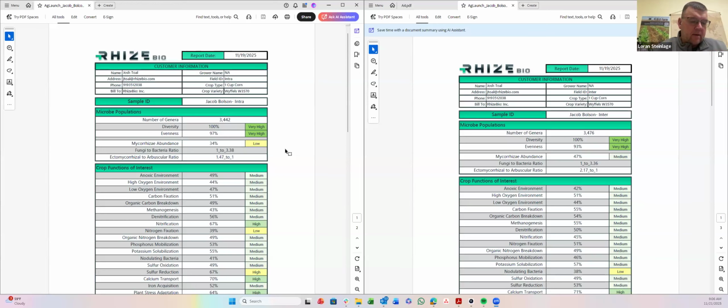That was the plan. Intra was sampled, it was strip till versus in between the row, I think, is what the plan was. No, intra was sampling basically within the same row between the plants.